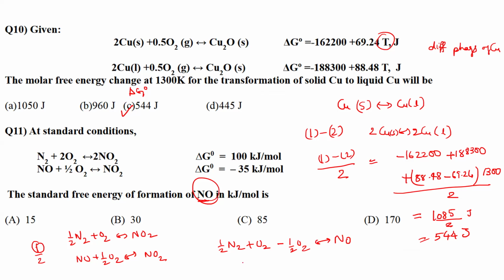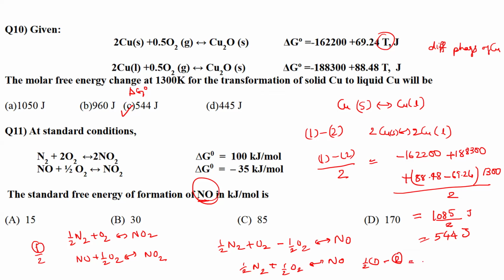So that I'll find the delta G formation of the NO. Okay, so this is half N2 plus half O2 giving me NO. How did I get this reaction? I got this reaction by half of reaction 1 minus reaction 2.